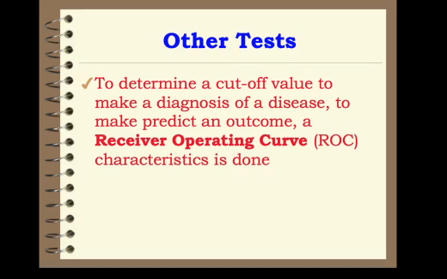For example, diabetes mellitus. The cut-off value for DM is 126 FBS, fasting blood glucose. Now, how do they come up with this cut-off value of 126? They calculated the cut-off value using the receiver operating characteristic curve, or the ROC curve.